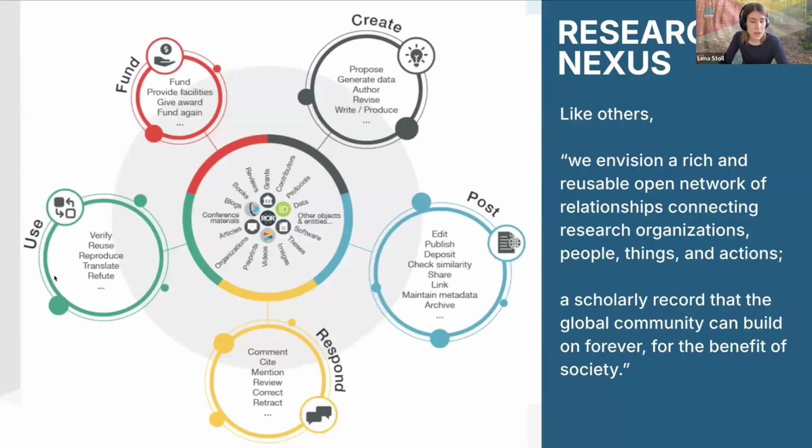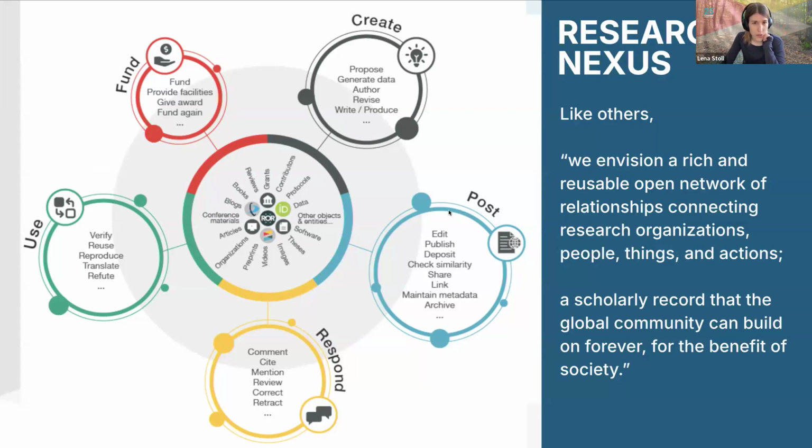So now you have some idea of the kinds of metadata that make up a rich record. And all of this together helps our community to build what we like to call the research nexus, of which there is a nice image on screen now. The research nexus is a rich and reusable open network of relationships that connect research organizations, people, things, and actions.